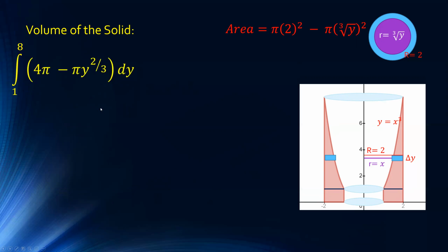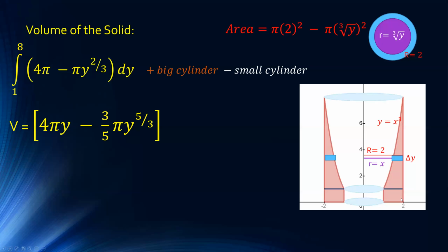The first part would be the integral from 1 right here to 8. That's where the y value goes for y equals x to the third, right? From 1 to 8, and then the area of that cross section, with thickness dy in this case. And then I'm going to add on the big cylinder minus the small cylinder for the bottom here, where the height of the cylinder is 1, right?